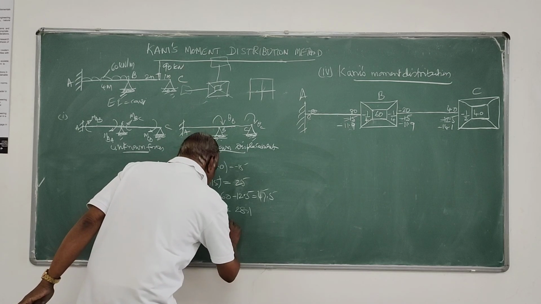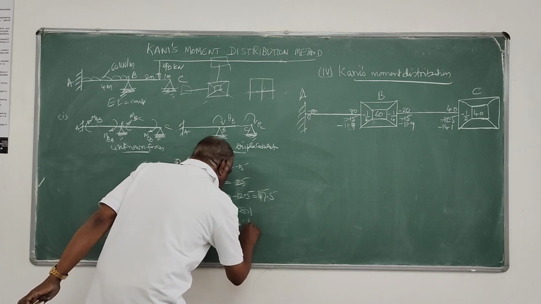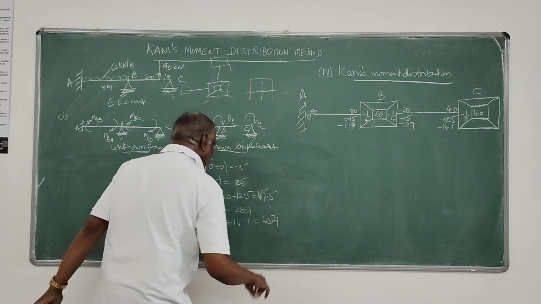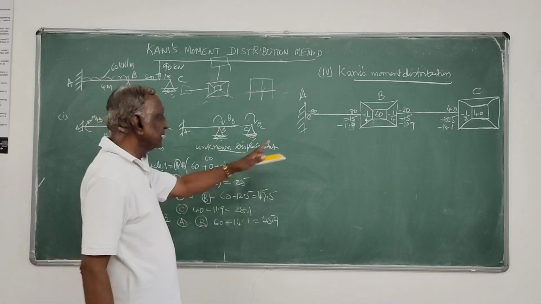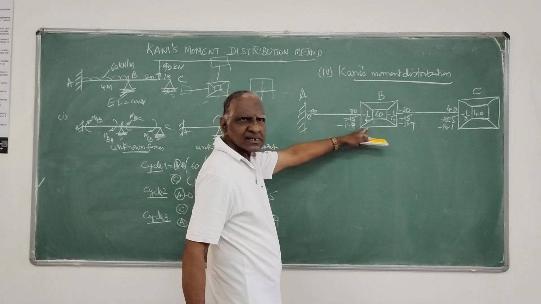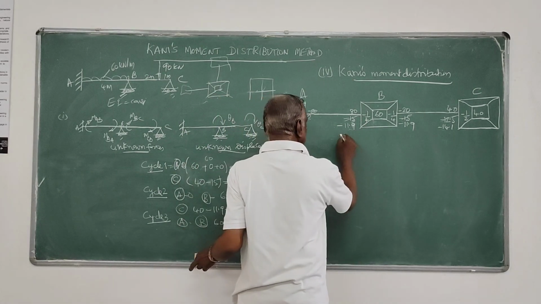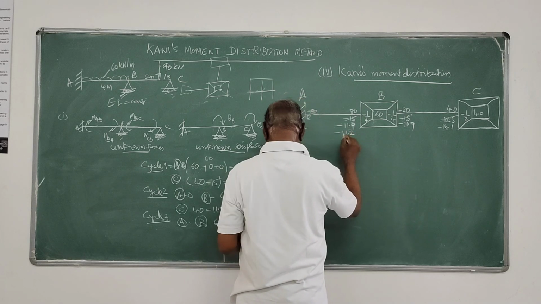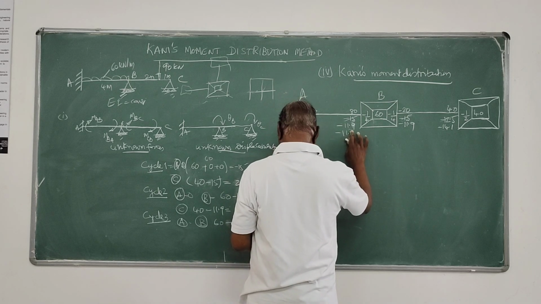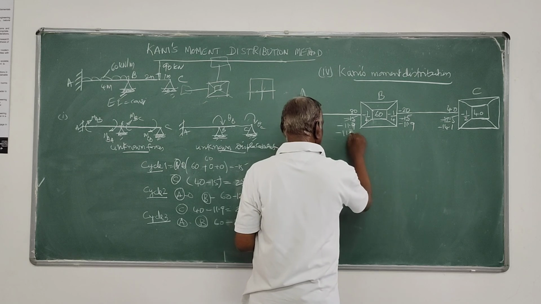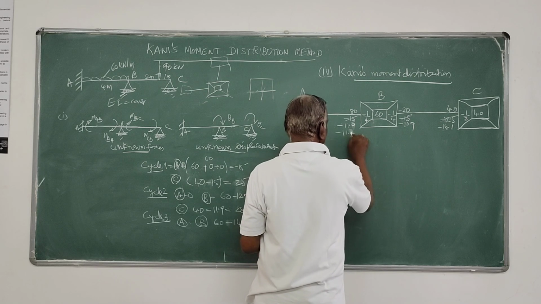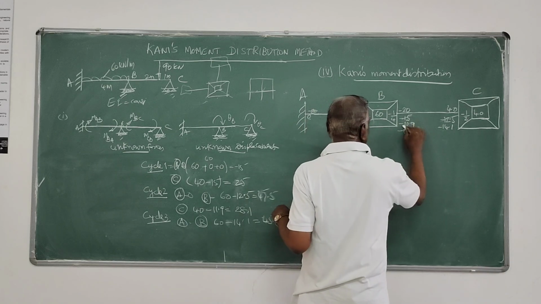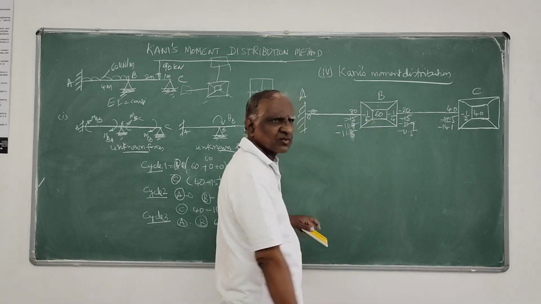That is minus 14.1, that will be 45.9. That multiplied by minus 1 by 4 is equal to minus 11.5. This will cancel the previous one.